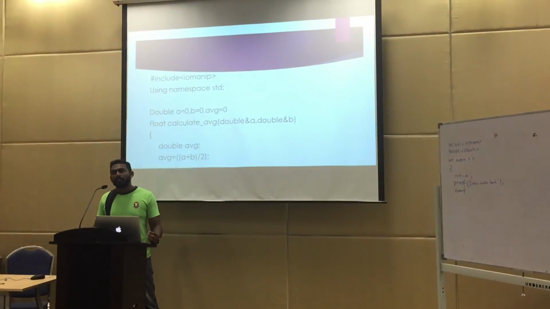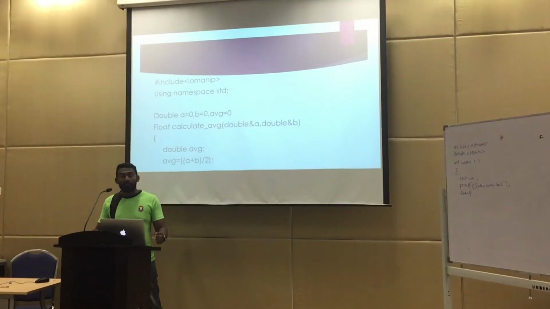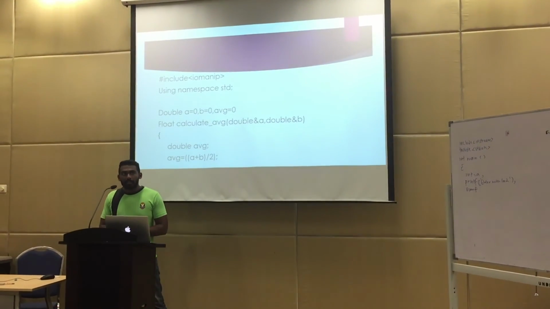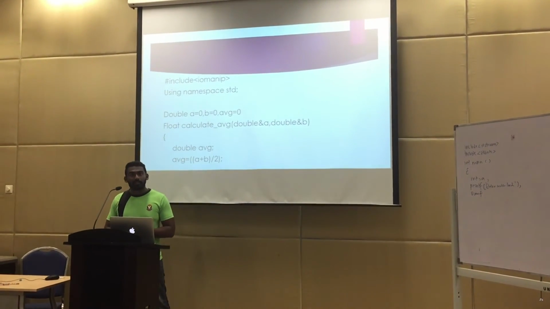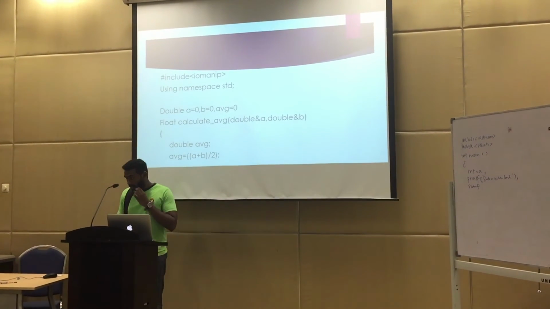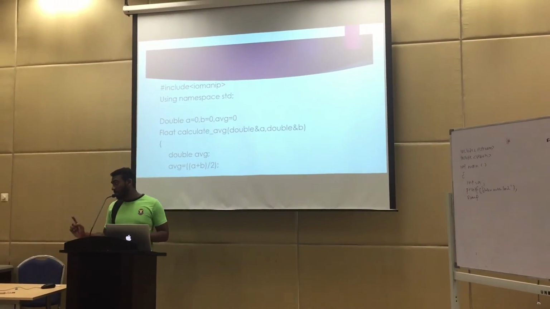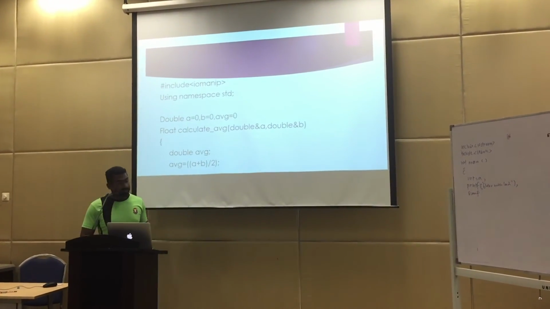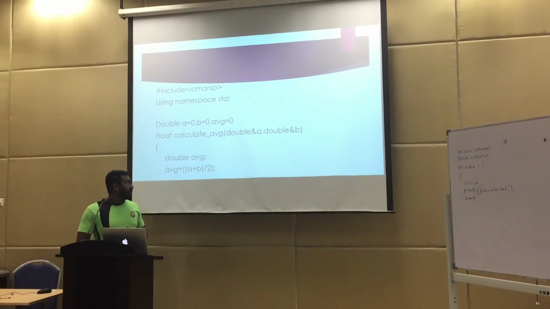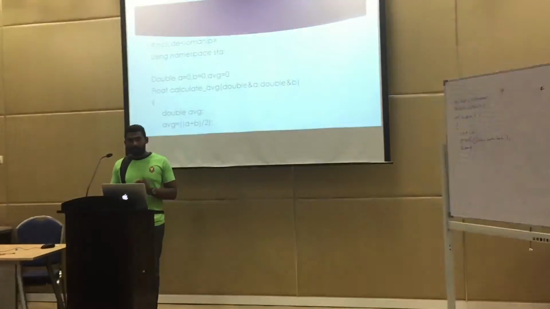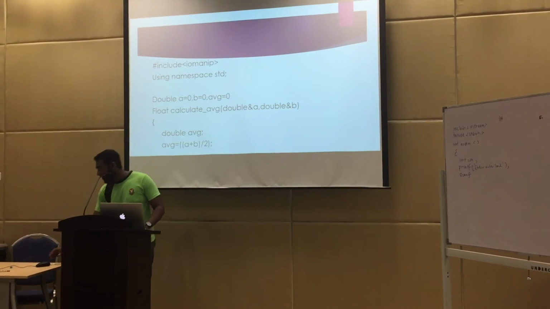Basically, what I'll be doing in this program is finding how to get an average. Next will be double average equals (a plus b) divided by 2, which is the calculation process.